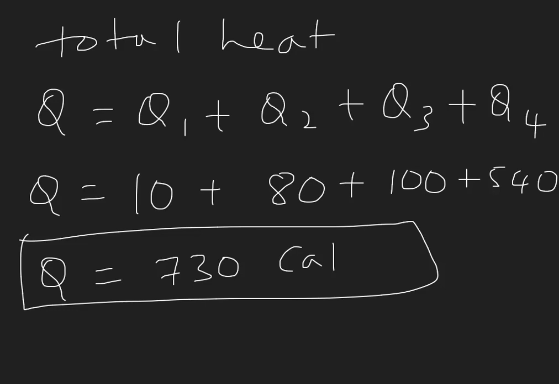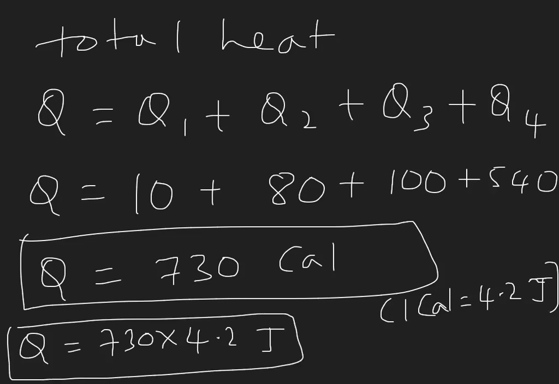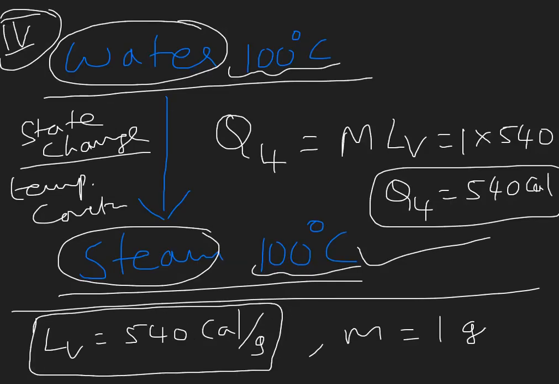Suppose you decided to convert into joules. We know that 1 calorie is equal to 4.2 joules. So I can write 730 into 4.2 joules. If you multiply, you will get the Q value in joules. I hope you are clear with this question now.